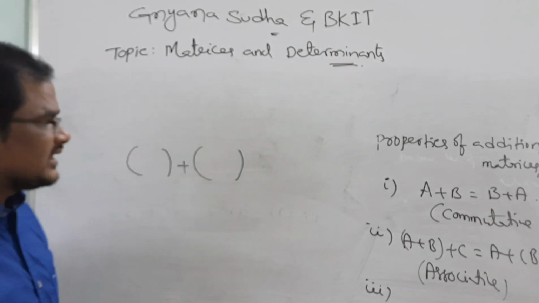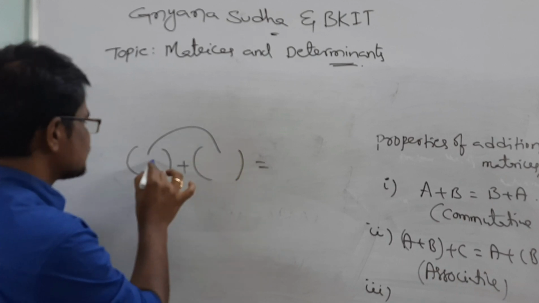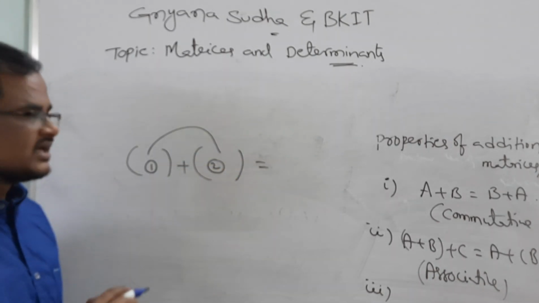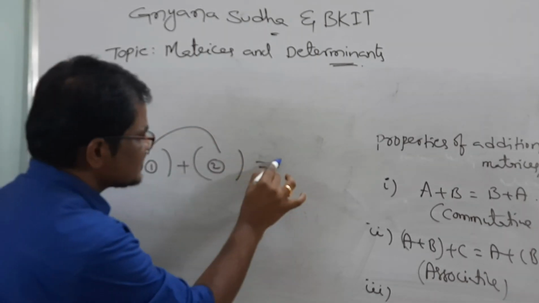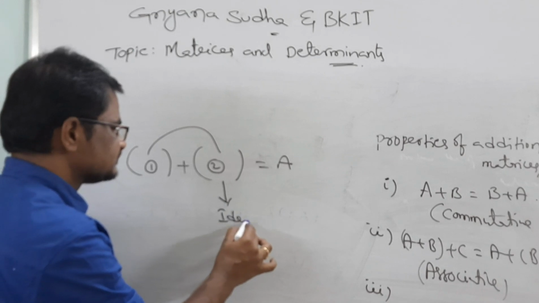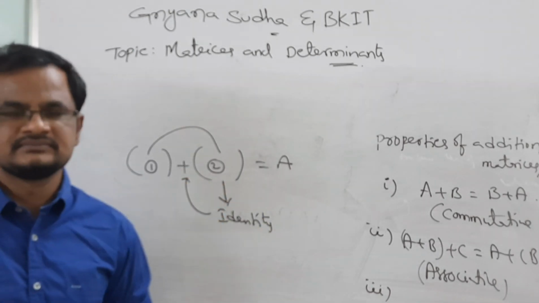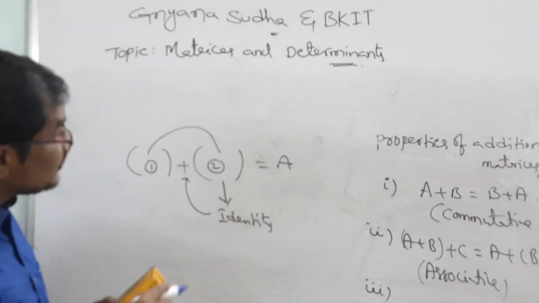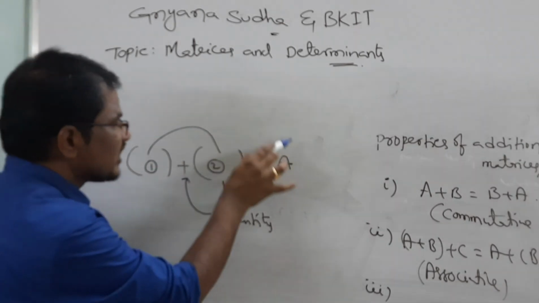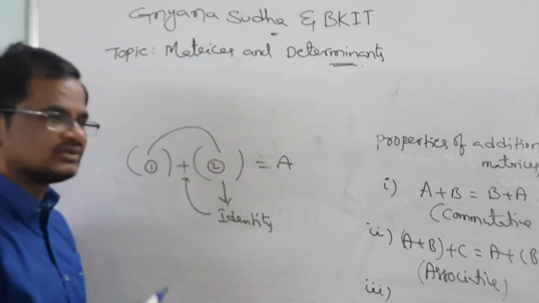If you add these two matrices and one matrix gives output equal to the other, then the other one is the identity under this operation.